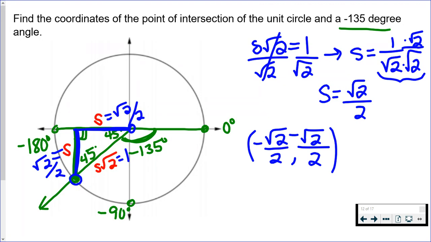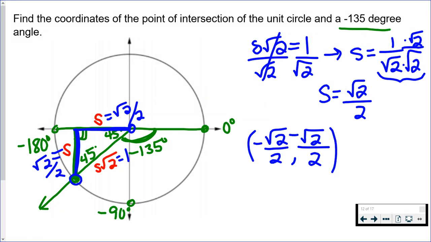So if we take this one step further, the cosine of negative 135 degrees is just the x value of our ordered pair, which is negative square root of 2 over 2. The sine of negative 135 degrees is the y value of our ordered pair, which is the same thing, negative square root of 2 over 2.